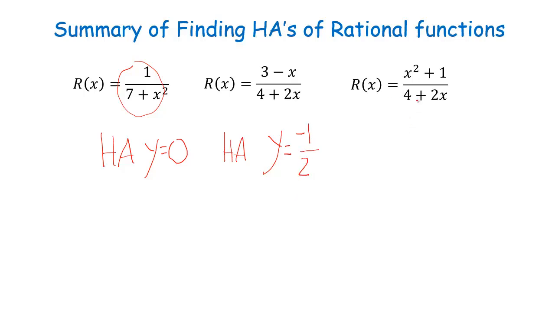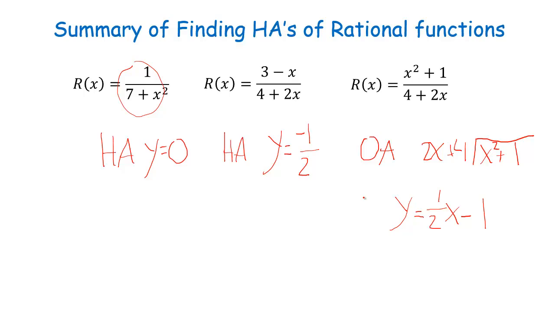And then in this example, the degree of the numerator is 1 more than the degree of the denominator, so this is going to have an oblique asymptote, and it's going to be found by dividing 2x plus 4 into x squared plus 1. Now that you can't really do in your head, you've got to do long division. I'll let you pause the video, give it a shot, and when you're done, you should have gotten y equals 1/2 x minus 1 as the oblique asymptote.